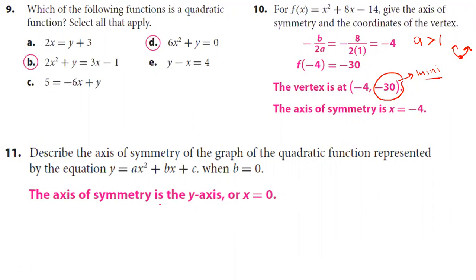Why? Because we have the rule minus b over 2a. In this case, b is 0, and 0 over any number is 0. This is the value of x, so x equals 0. This is the equation of the y-axis.